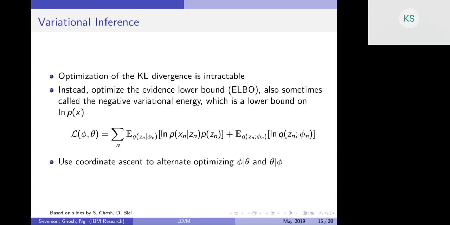And that's a lower bound on the log of the probability of X. So I haven't shown it here, but optimizing this is equivalent to minimizing the KL divergence that I showed in the previous slide. So we end up with this objective function, and we'll use coordinate ascent to alternate between optimizing the parameters of our variational approximation, phi, and the parameters of our model, theta.